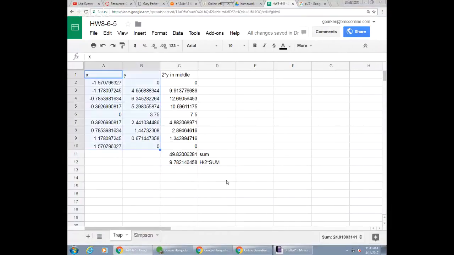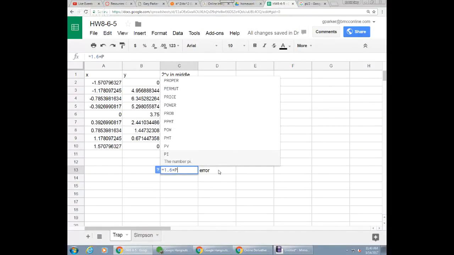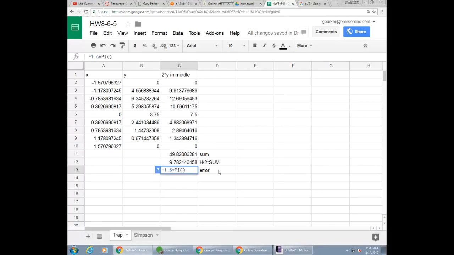We're doing the trapezoidal rule first. Error is going to be about 1.6 times the interval pi cubed over 12 over, what was the other one, 8 squared?